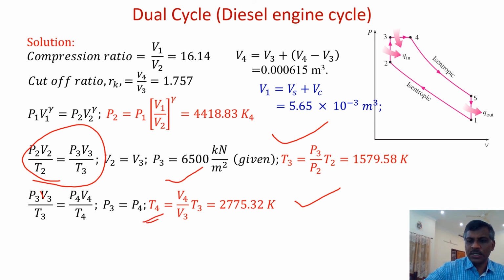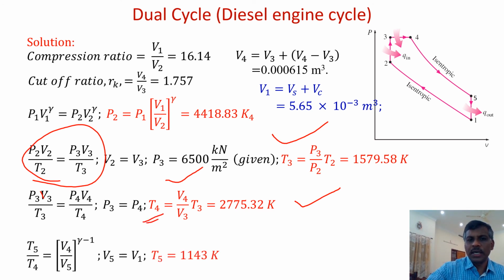One more left is T5, isn't it? For T5 you can take 4 to 5, which is a reversible adiabatic process. V4 by V5, where V5 is equal to V1, and V4 we have already calculated.